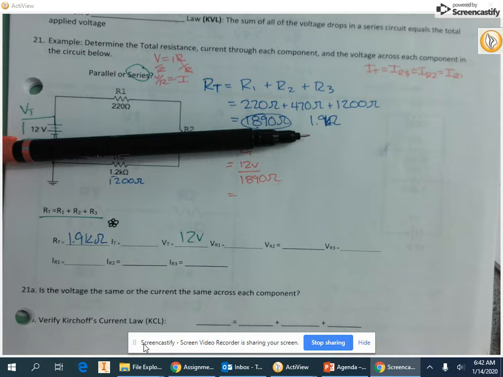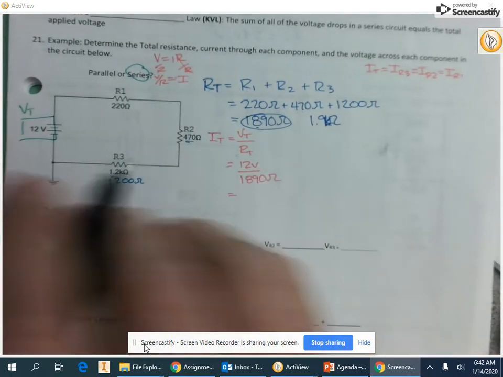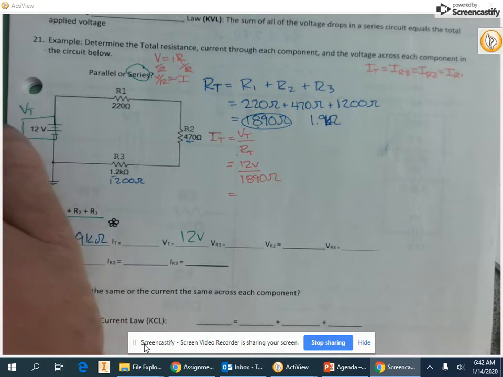All right, I found a calculator. Sorry about that. I want to do 12 divided by 1890, and I'm going to write that whole thing out. Oh, Lord, this calculator.